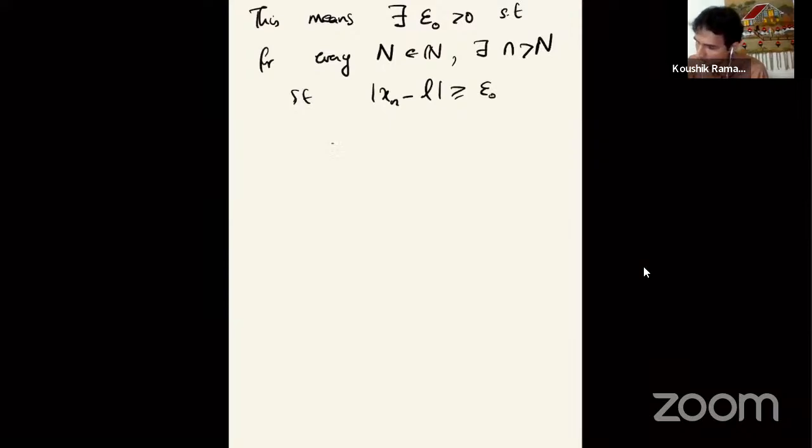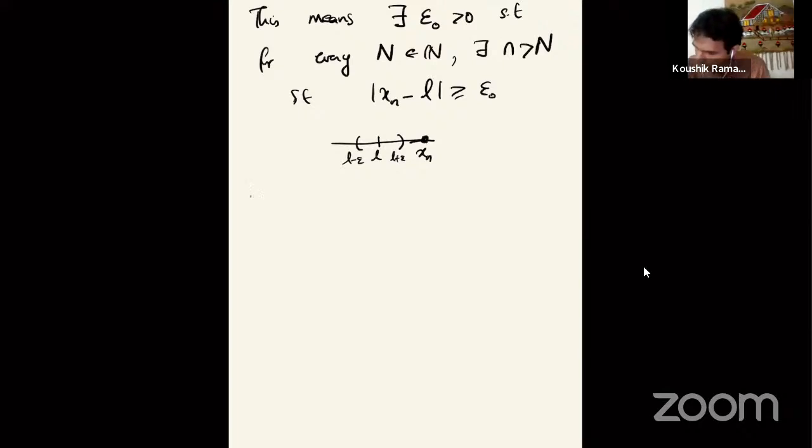Okay, so it means that there is one epsilon naught which does not work for the previous statement. That means that whatever number you give me, I can always find some index which is higher than that, so that xn will lie outside of this interval. This is L minus epsilon to L plus epsilon. Okay, so this is an important thing.